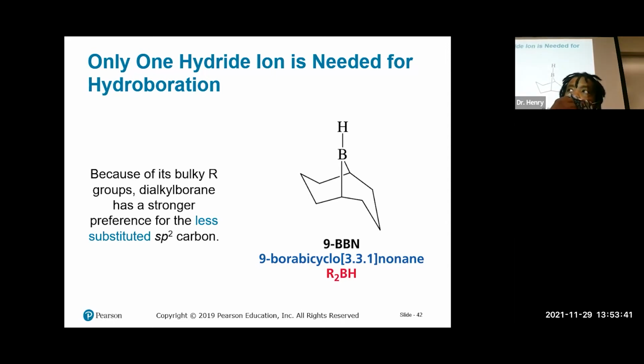Okay. So we know that, like you said, the boron is attached, doubly attached. So we have the boron attached here, the boron attached here, right? And we have the hydrogen attached at the top. That's where you get your bicyclo. And where's that 3.3? It tells us what? 3.3.1.